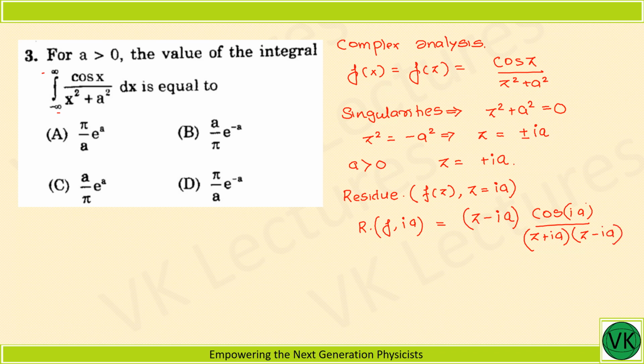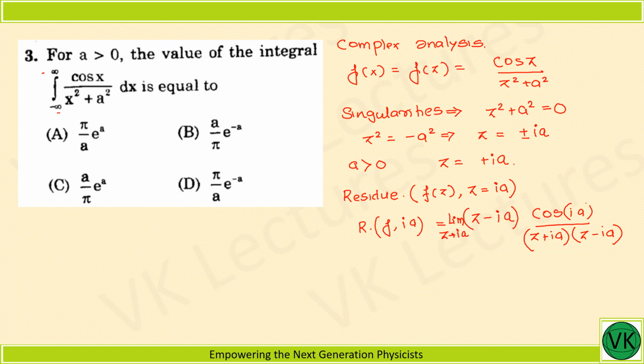Simply writing z square plus a square in this form. Now here we need to include the limit z tending to ia. So limit z tending to ia, z minus ia times f of z, that is cos ia by z plus ia times z minus ia.